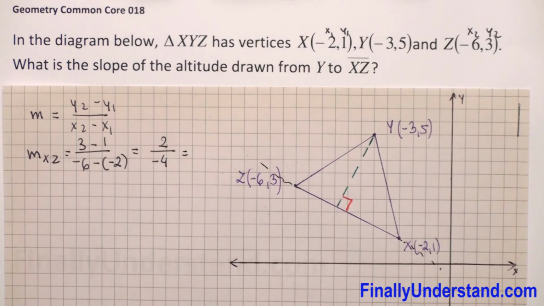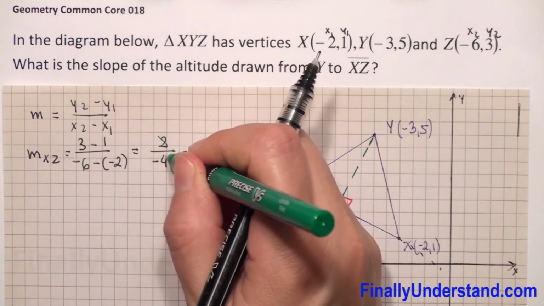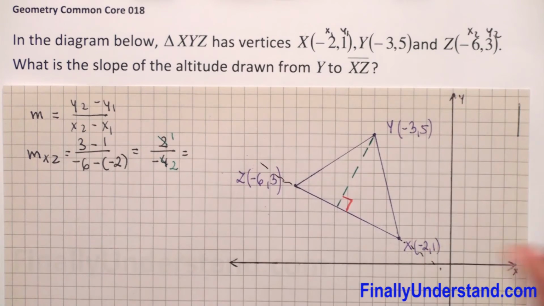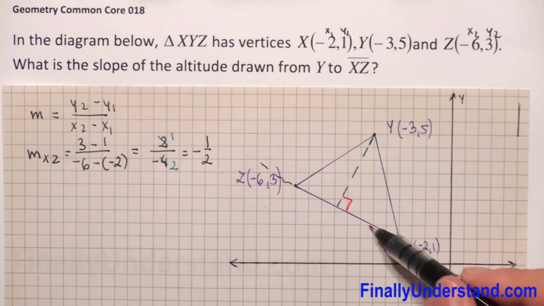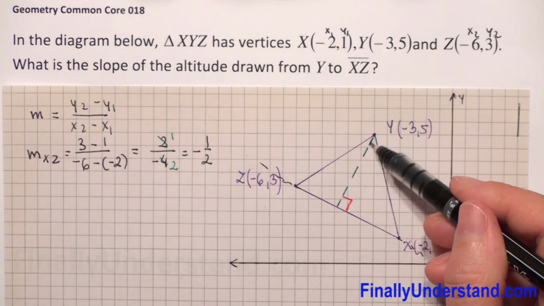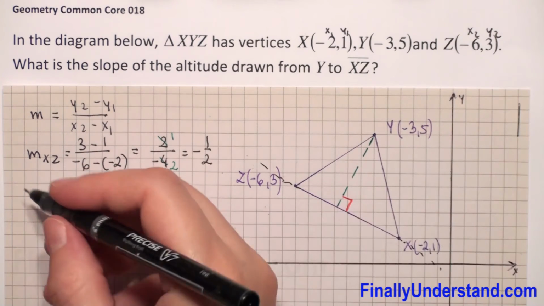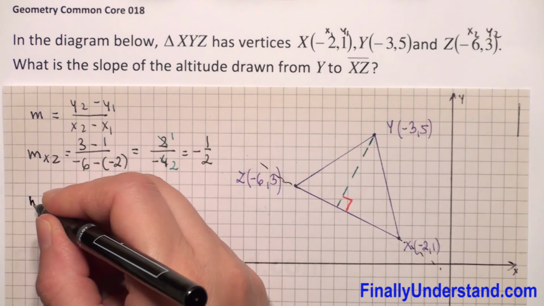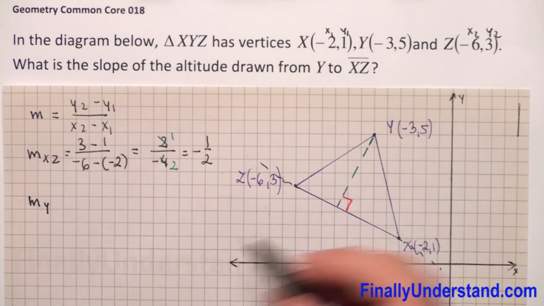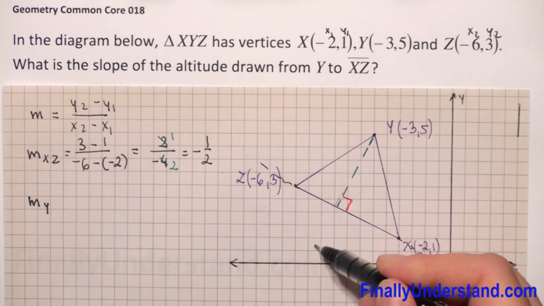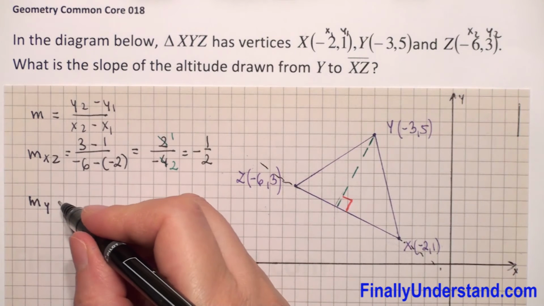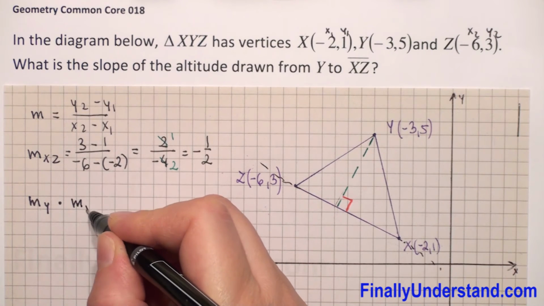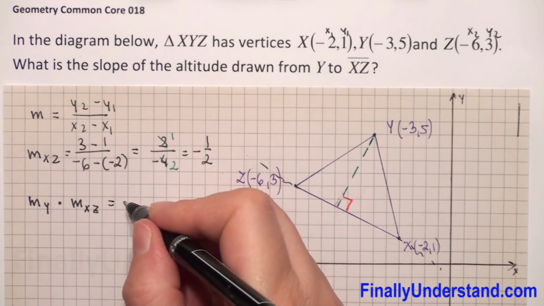So we can reduce 2 and 4, so it will be 1 and 2. We have -1/2, the slope of the XZ line. And because this altitude is perpendicular, let's put that this is the slope of this line, m_Y, because it passes through point Y. So I will write m_Y times the slope of m_XZ must be equal to -1.